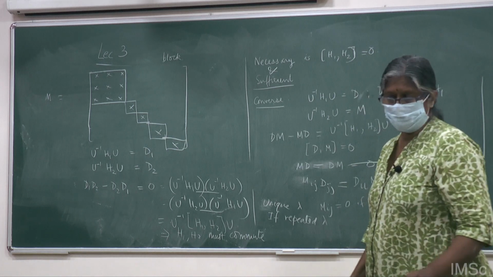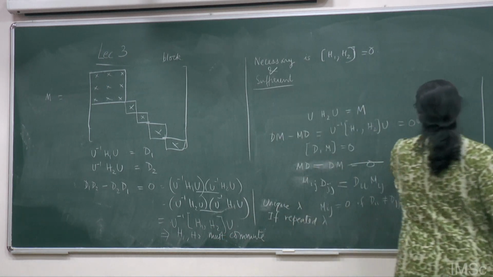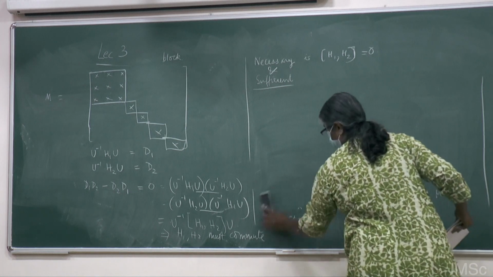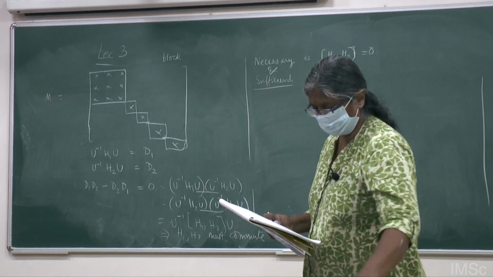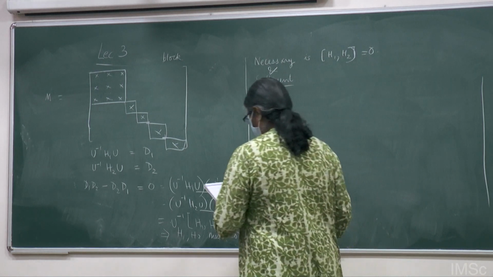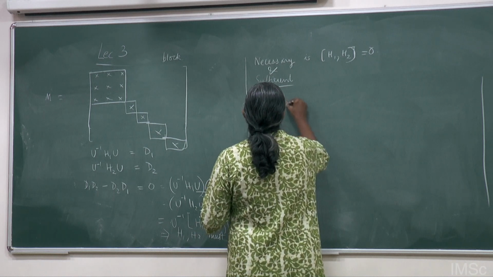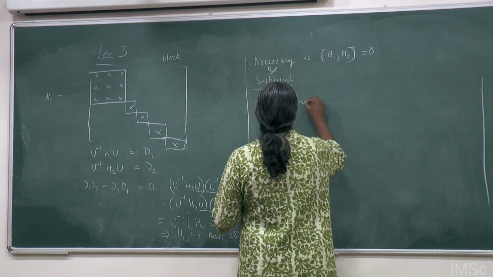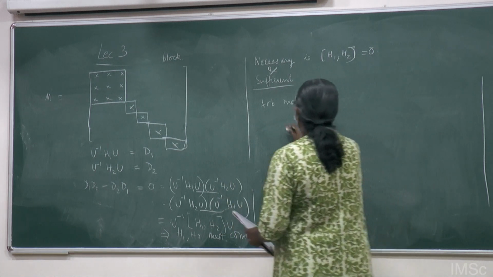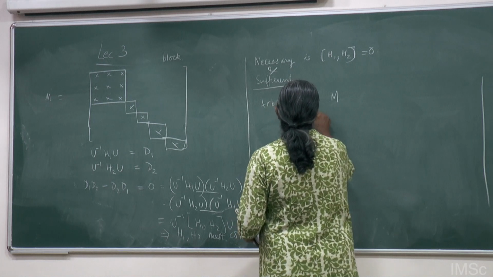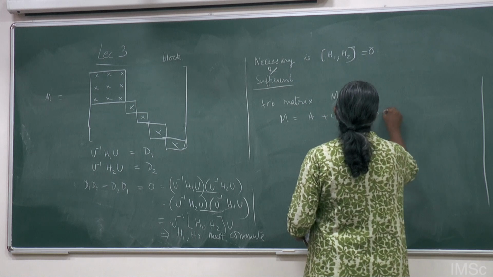Now, the general statement. Let me take an arbitrary matrix, which may not be Hermitian, so let's call it M. I can always write M as A plus iB, where A and B are Hermitian.